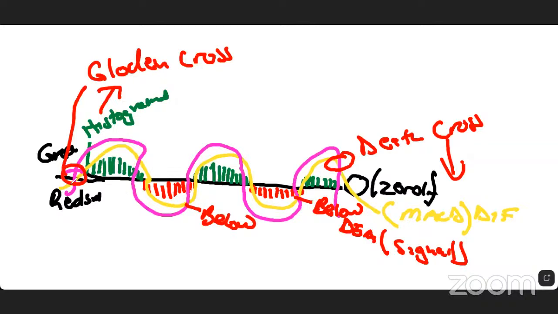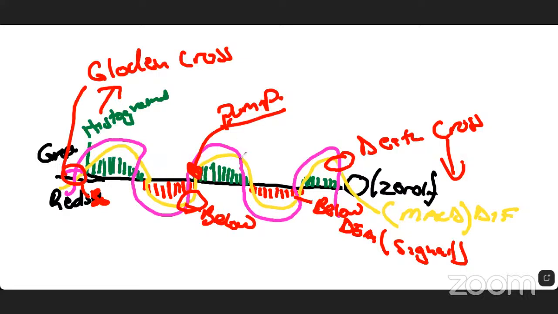Sometimes the crossover can happen here, facing up. It means this coin is going to pump. When it crosses below here, it means the market is going to go up, but it may not pump. But when it crosses above here, the coin is going to pump.